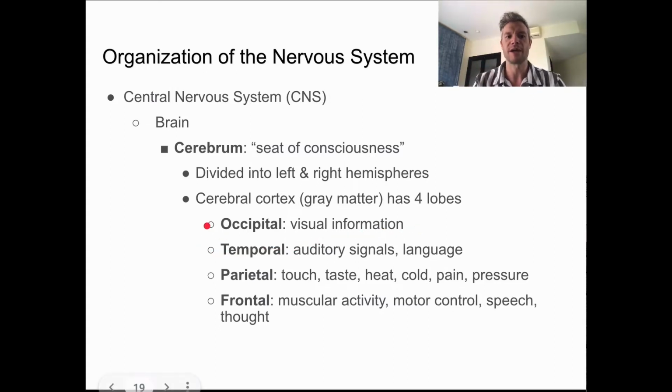For example, we have our occipital lobe, which allows us to integrate visual information, temporal lobe, which has centers for language and auditory signals. We have our parietal, which is our sensory input area, if you will, and it's very closely related both in structure and location to our motor cortex as well.